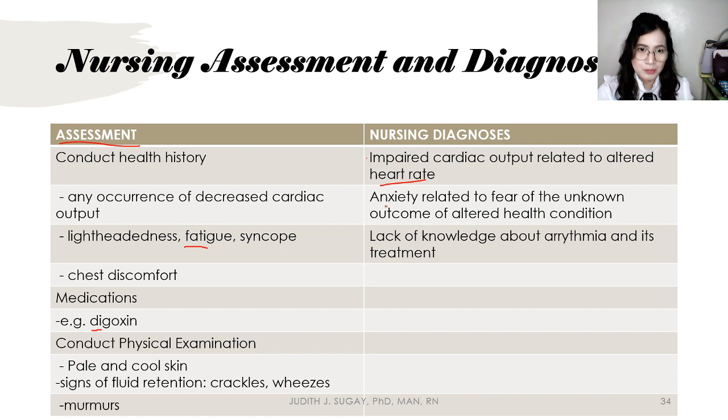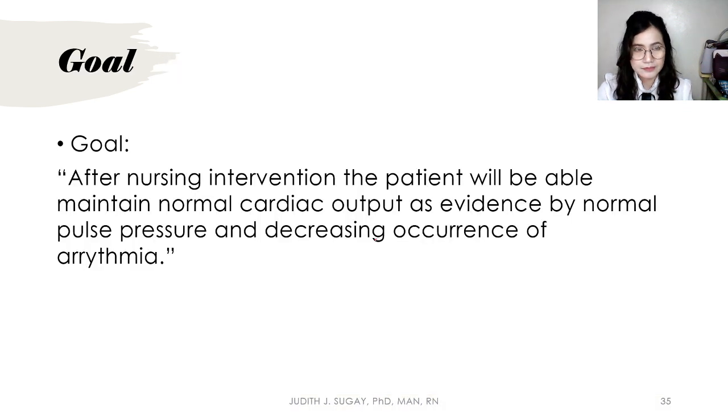Or anxiety related to fear of the unknown outcome of altered health condition, lack of knowledge about arrhythmia and its treatment. One of the goals could be, after nursing intervention, the patient will be able to maintain a normal cardiac output as evidenced by normal pulse pressure and decreasing occurrence of arrhythmia.